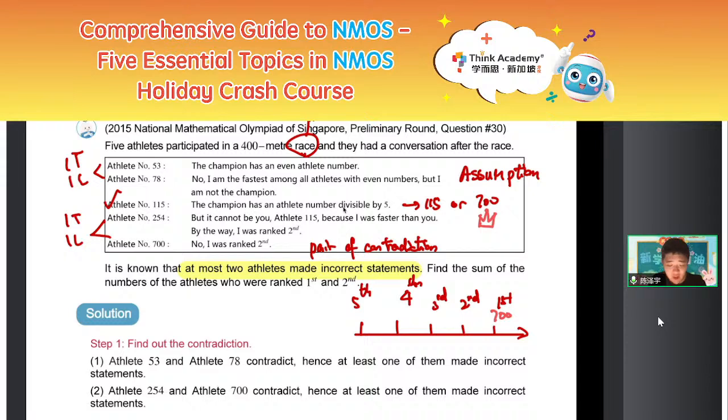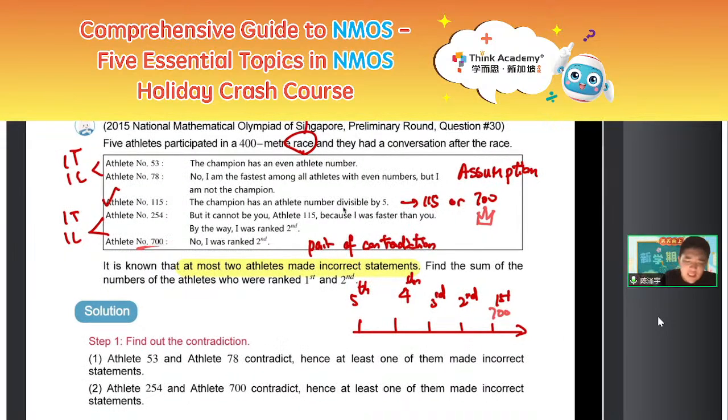First guy is 700, but since we know 700 is the champion, let's check what 700 said. No, I was ranking second, but we know that he is the champion. So what does that mean? 700 is not making a correct statement, and 254 is making the correct statement. So who is the second one? 254, right? 254. And we're done because we're just looking for the first one and the second one.